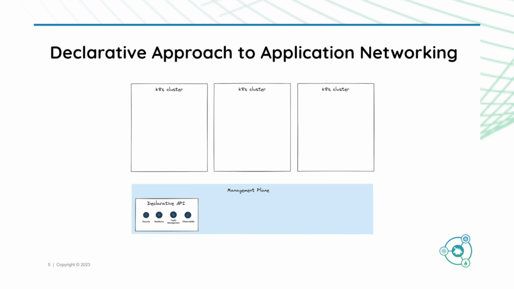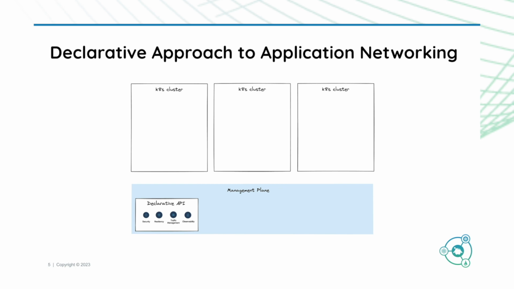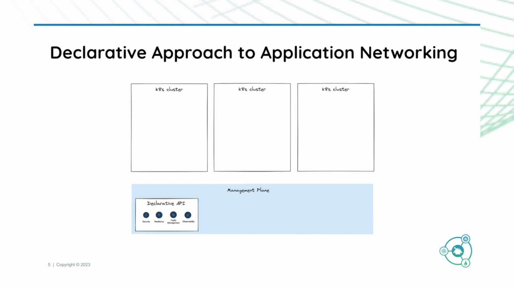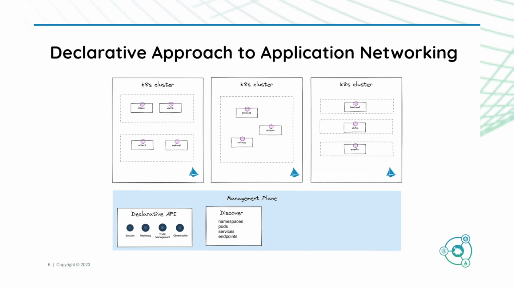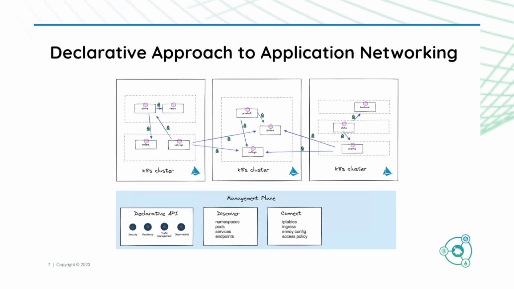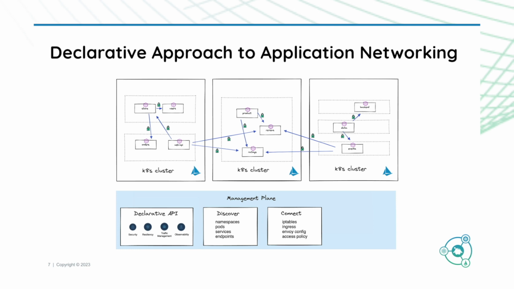And one of the key benefits with Istio and Gloo platform is the ability to realize these benefits of security, resiliency, traffic management, and observability with a declarative API. And this API allows you to discover namespaces, pods, services, and endpoints in your individual Kubernetes clusters, connect those services, and handle all the translation to the underlying configuration.